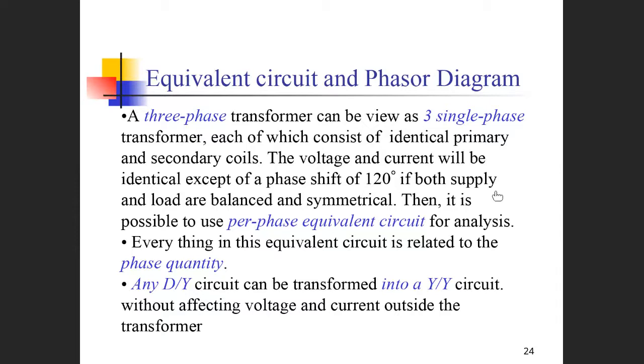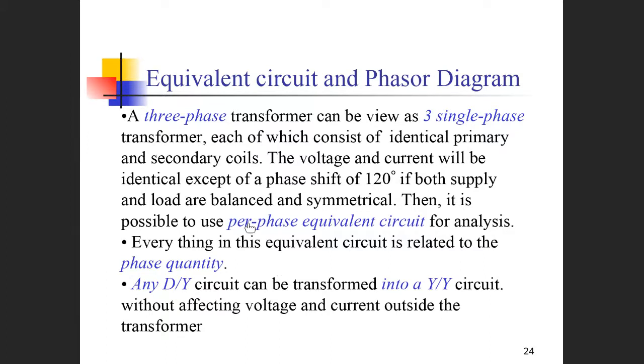If both sides and the load are balanced and symmetrically distributed, then it is possible to use the per-phase equivalent circuit for analysis.